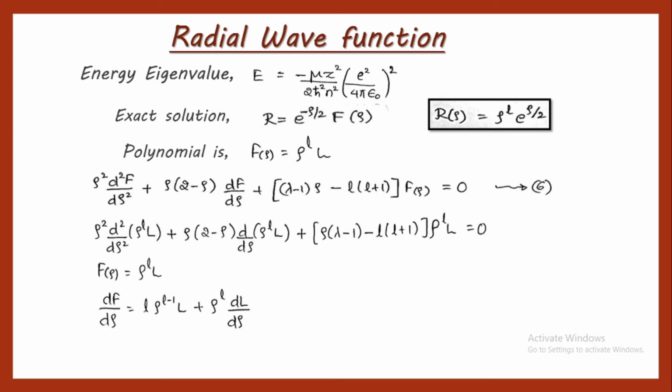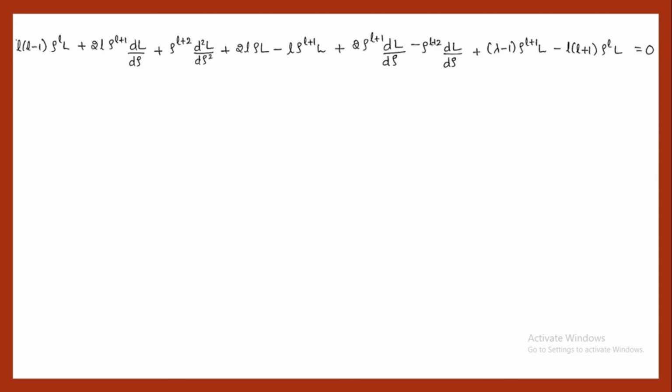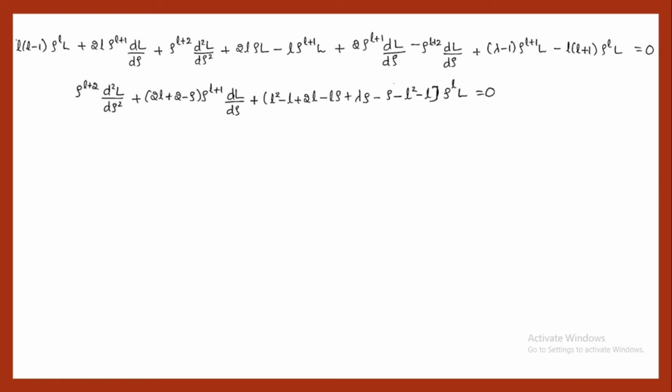We also need the value of d squared f by d rho squared, so differentiating this equation again, we obtain d squared f by d rho squared. Then we substitute back the values of f, df by d rho and d squared f by d rho squared in our above equation, or equation number 6. When we do that, we can observe that some of the terms get simplified.